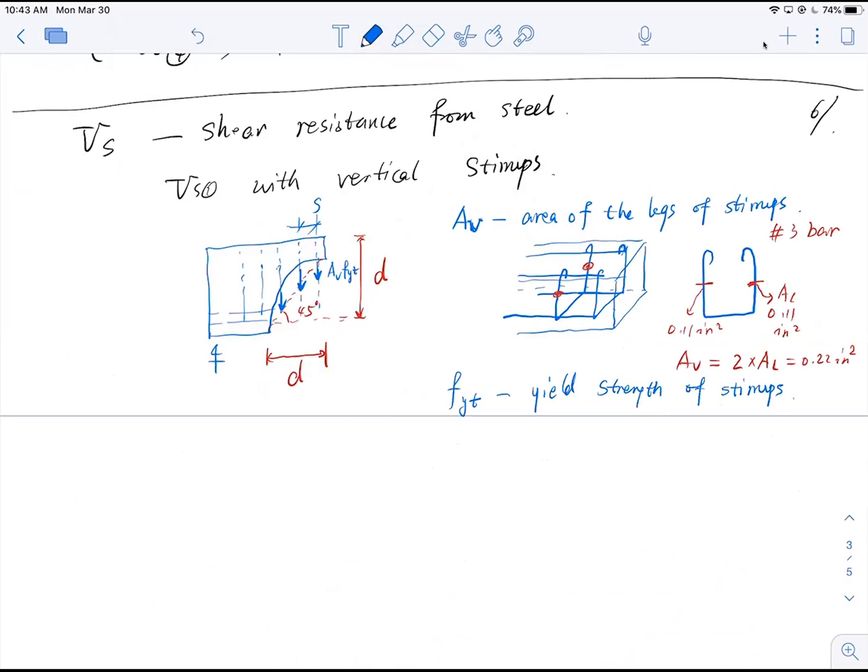Now we have all the information we need on this crack. So the total shear resistance provided from reinforcement, I want to write this way.